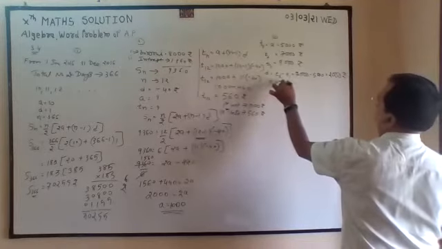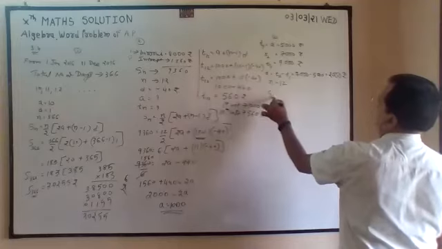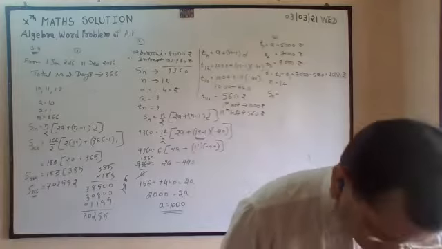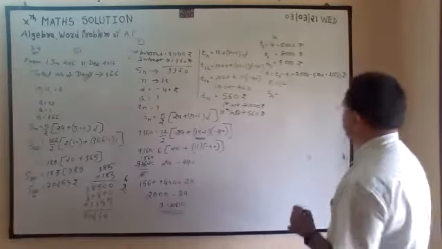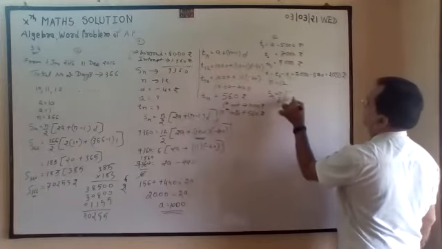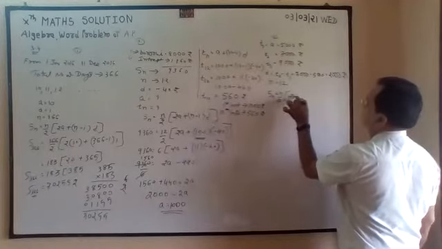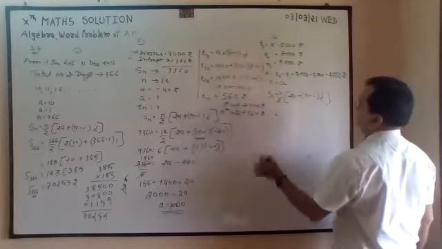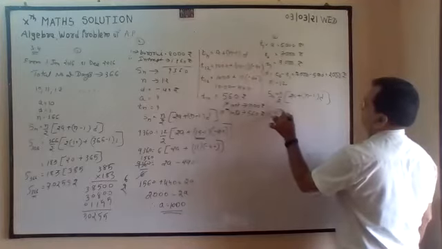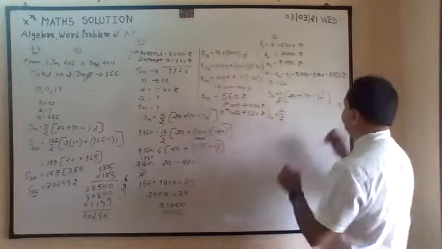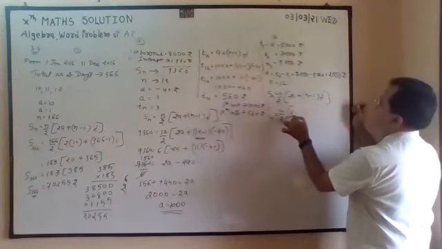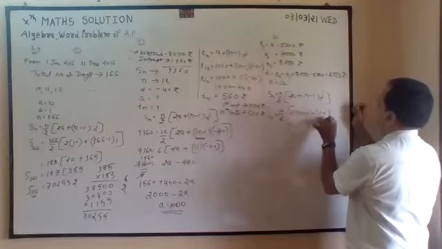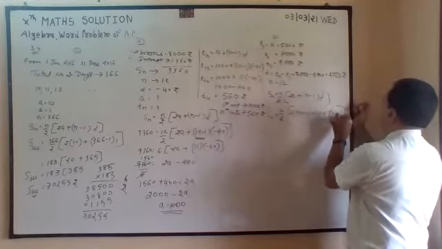And the number of terms they have given is 12. Total investment after 12 years: that is n by 2, into 2a plus n minus 1 d. S12 is 12 by 2, into 2a, a being 5000, plus 12 minus 1, difference is 2000.